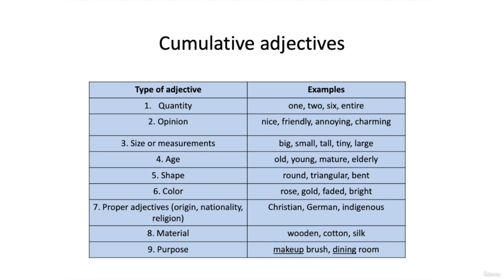For example, I like charming, tall French men. Or I have 6 tiny, young mice.